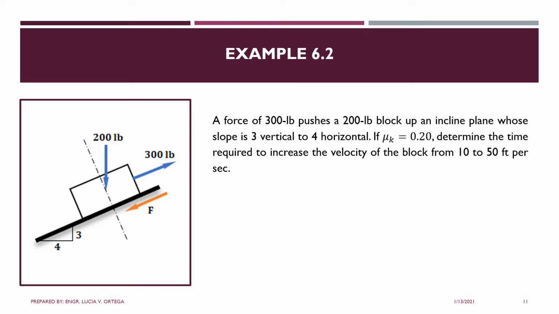So this weight will have a component along the y-axis and a component parallel to the x-axis. The normal reaction here is equal to the y component of the weight, and the x component is equal to 200 times 3 over 5. The frictional force is equal to the normal reaction times the coefficient of kinetic friction.